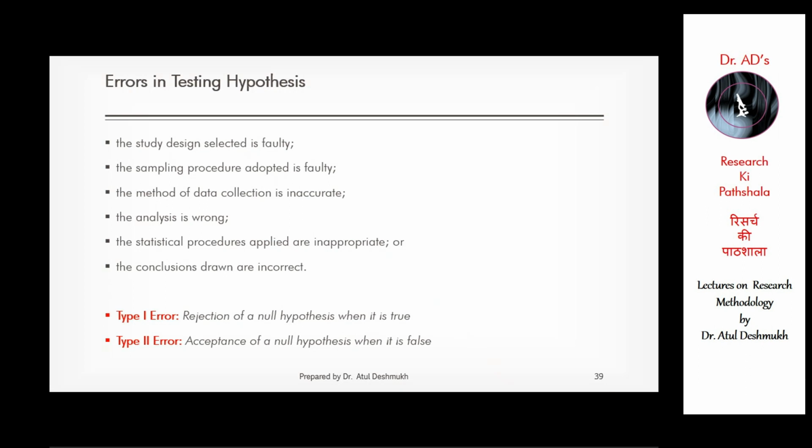Now coming to the next important part: different types of error. You need to understand errors in the study. Basically we have two types of error: type 1 error and type 2 error. Type 1 error is also called alpha error and type 2 error is called beta error. Whenever we start a study, we propose our type 1 error at the beginning, before data collection.